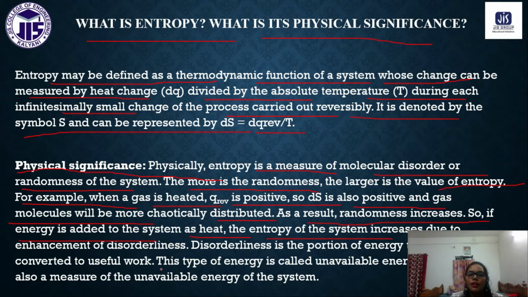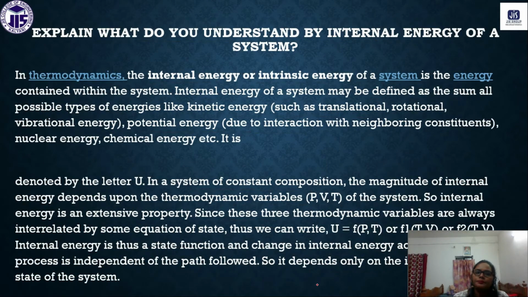This disorderliness is the portion of energy that cannot be converted to useful work. This type of energy is called unavailable energy, so entropy is also a measure of the unavailable energy of the system. So this is all the physical significance of entropy.